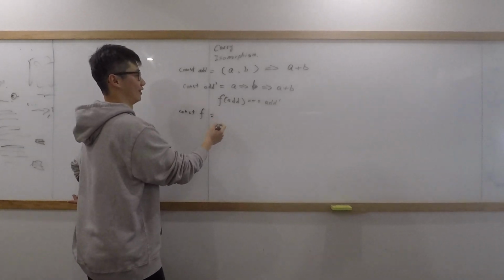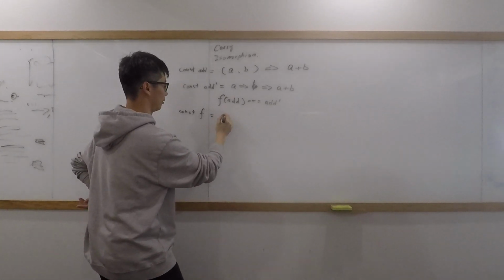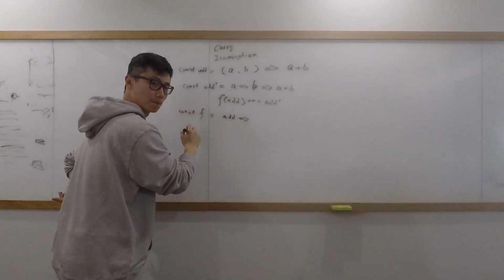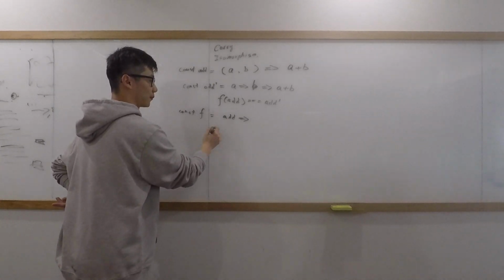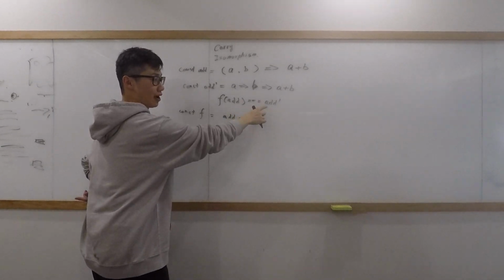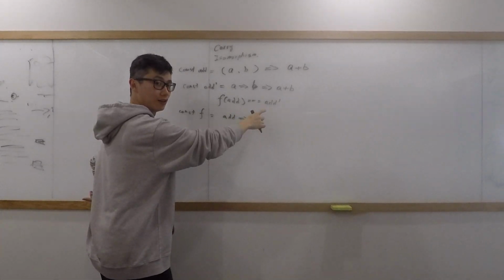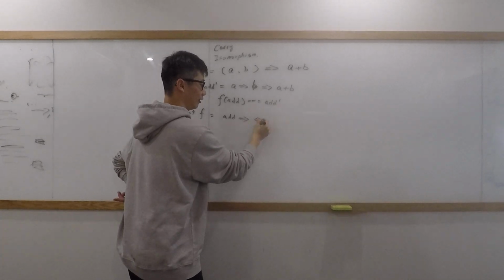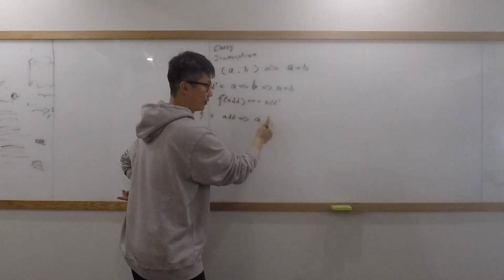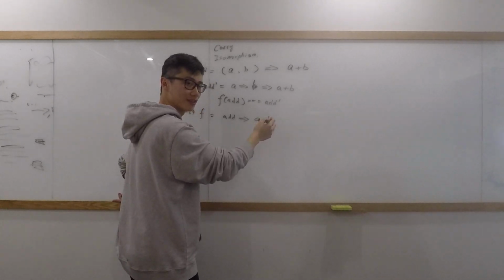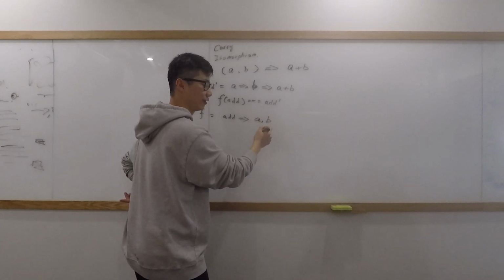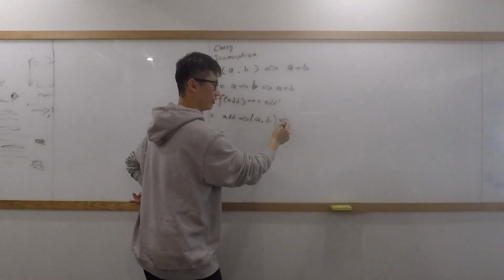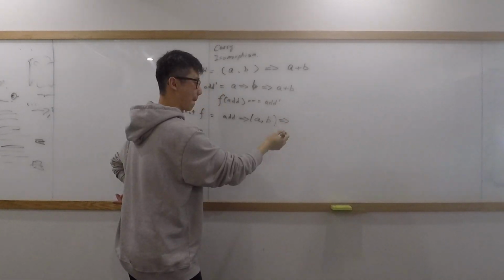It takes add, and you pass the arguments A, B, in brackets, A comma B. And what do you do here? Return A plus B.